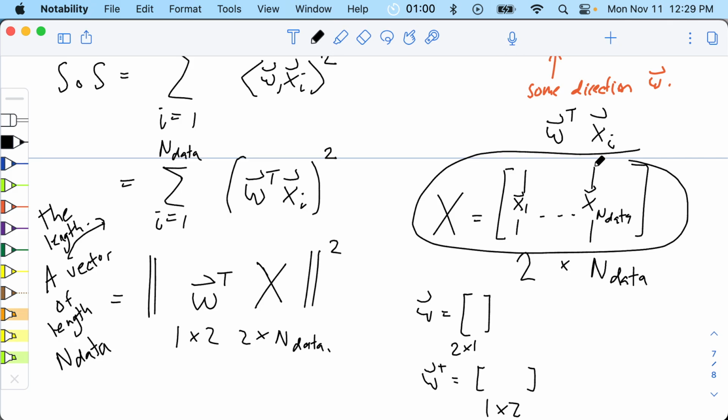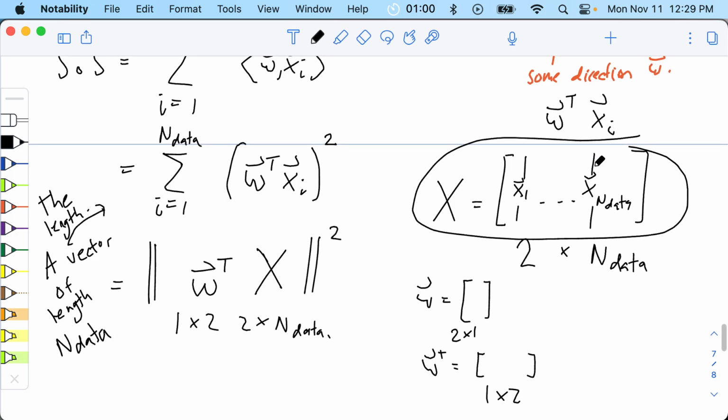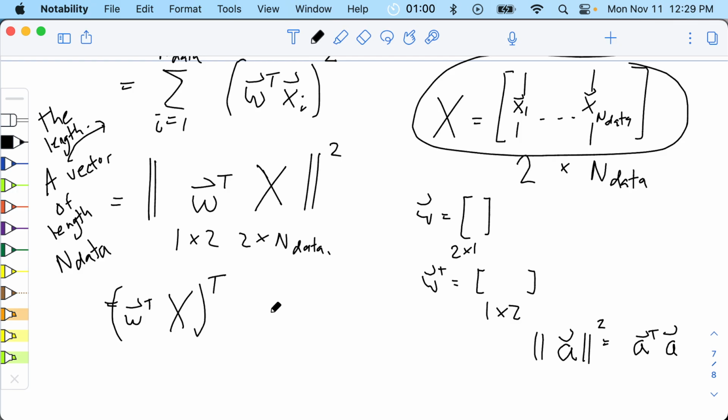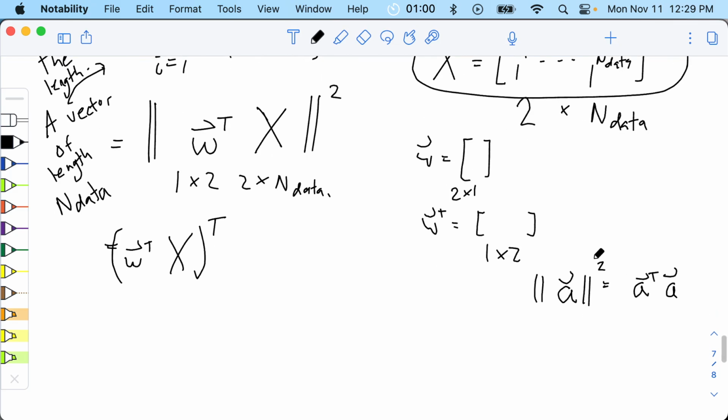All right, now I'm going to do one more thing. What is the length of a vector squared? That's, again, just the thing times itself. So if you do A squared, you could also get that by doing A transpose times A. So now I'm going to do more linear algebra. Look at w transpose x times, this is a row vector, so it should be like A times A transpose.